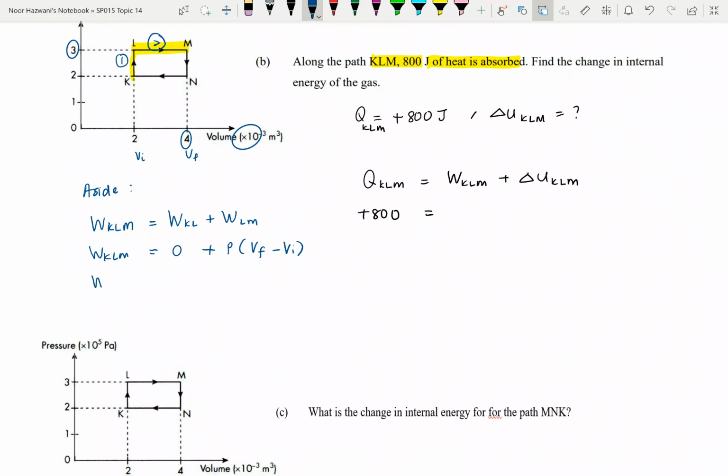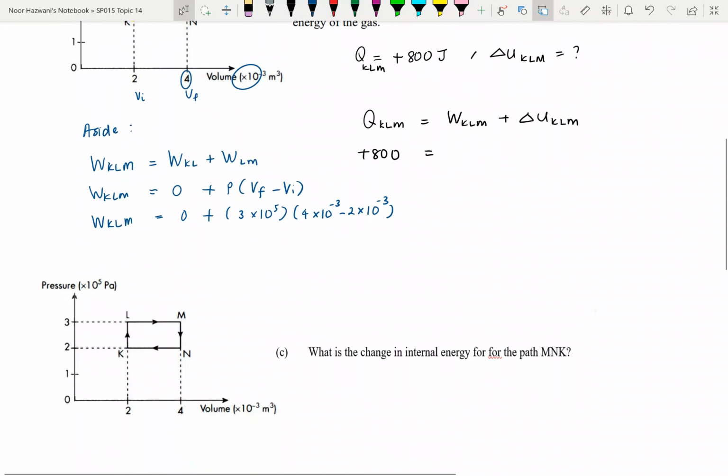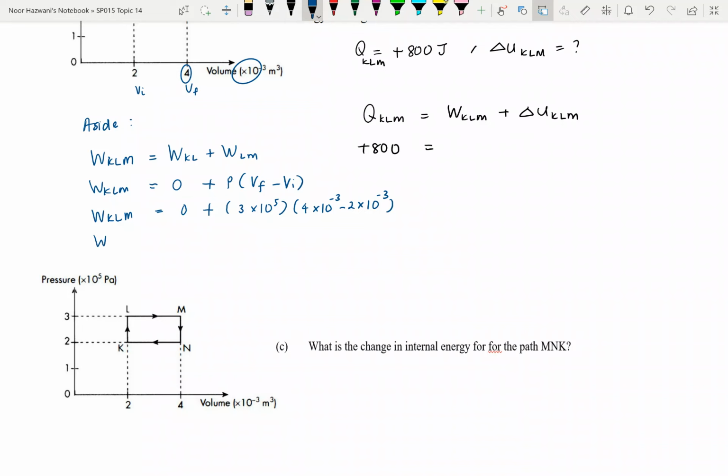So, we calculate work KLM equals 0 plus your pressure, 3 times 10 to the power of 5, and then your volume, 4 times 10 to the power of negative 3 minus 2 times 10 to the power of negative 3. And then you press your calculator. Okay, you will get work KLM equals positive 600 joule.